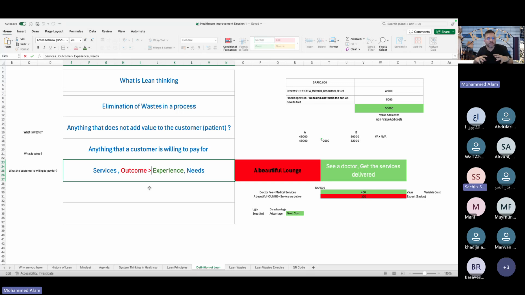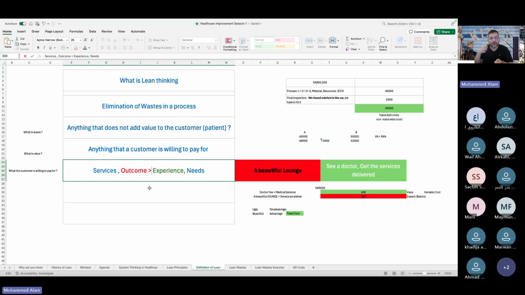So this is why I'm trying to put this in a way that we need to balance things. Of course, we cannot go in one direction, but we need to always understand what the customer is willing to pay for. The customer is willing to pay for outcomes, outcomes, outcomes. Want to see a doctor, good outcome. The customer is not willing to pay for you making him wait another 30 minutes.